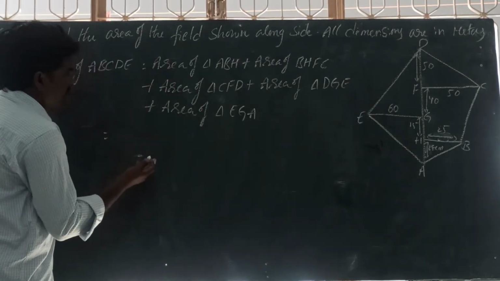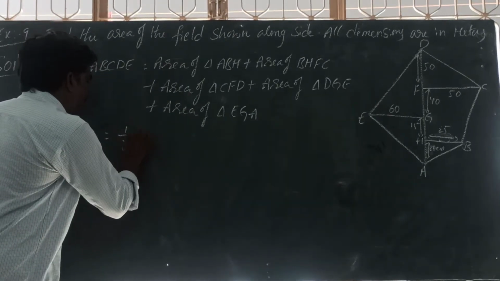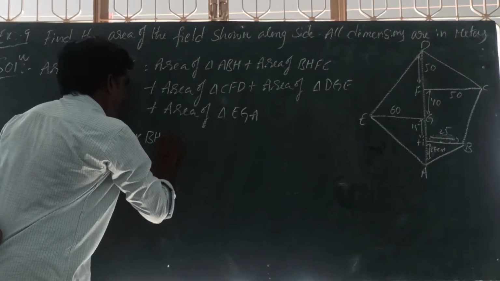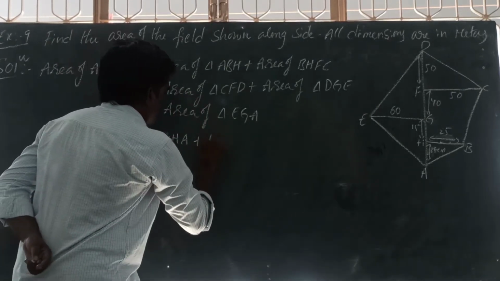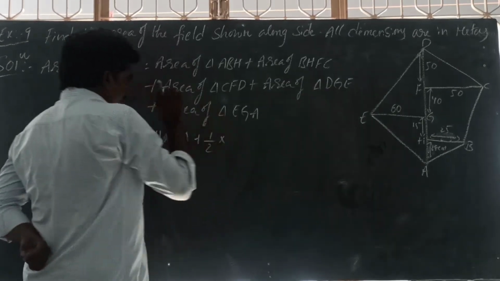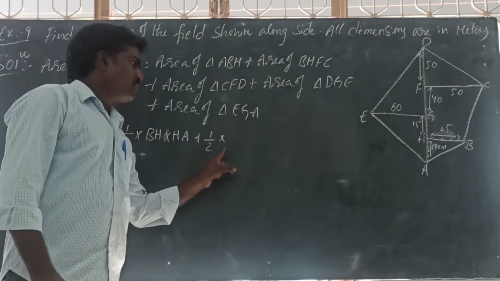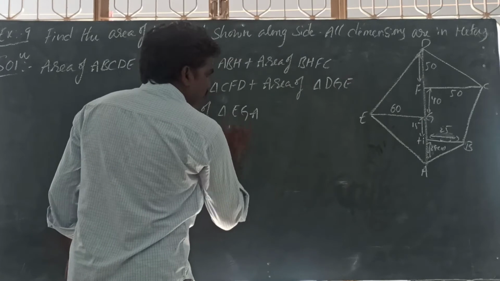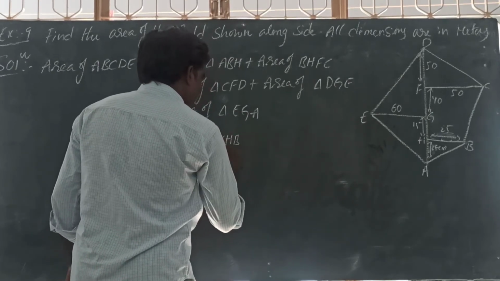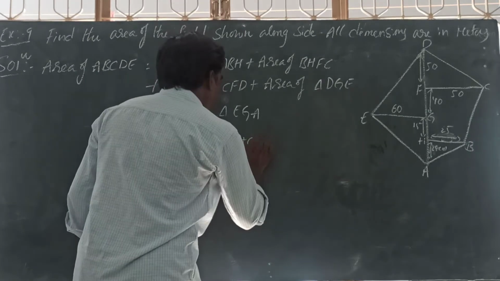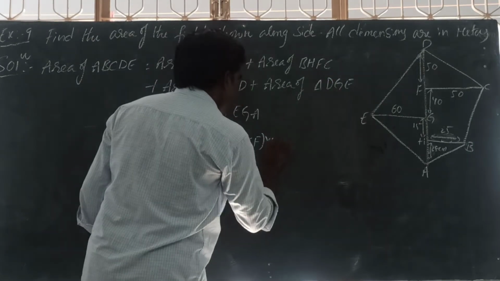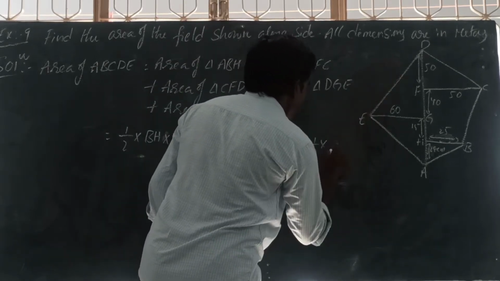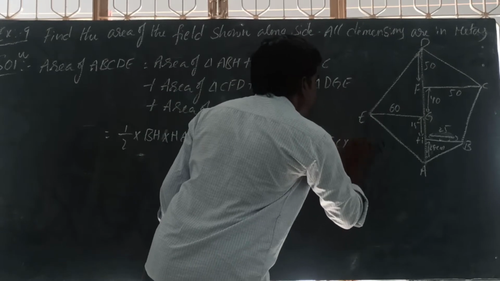So what is the formula? Area of triangle is half into base into height, that is half into base BH plus height HA, plus area of trapezium. Area of trapezium formula is 1/2 into distance between two parallel sides into sum of the two parallel sides, that is HB plus CF into HF, plus area of triangle half into base FC into height DF.